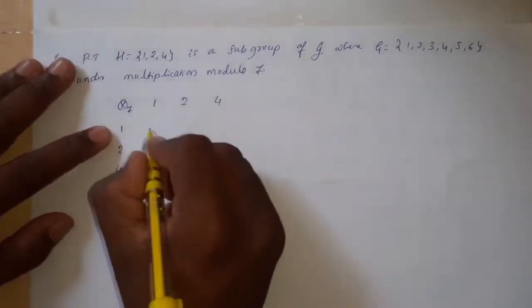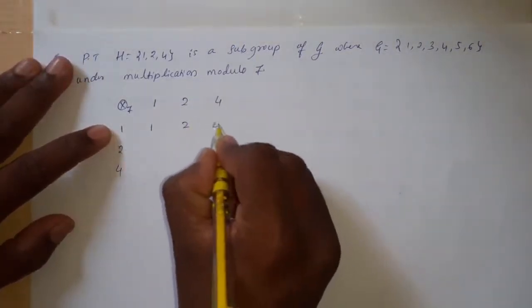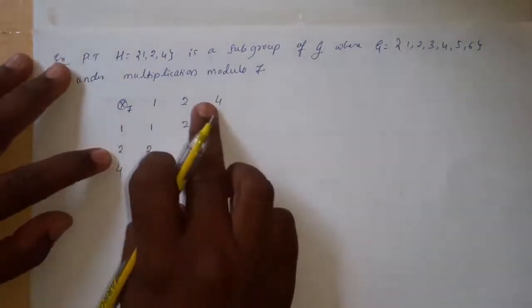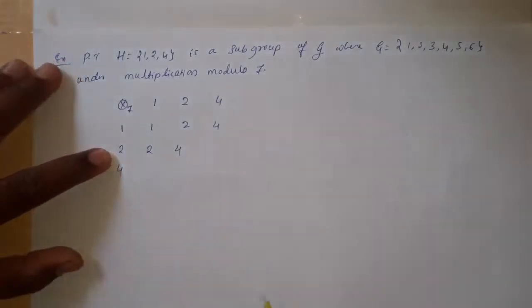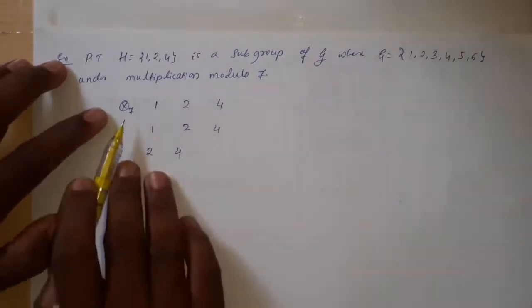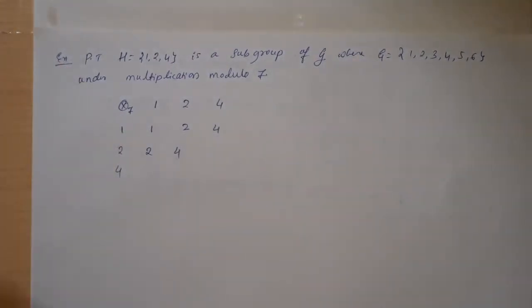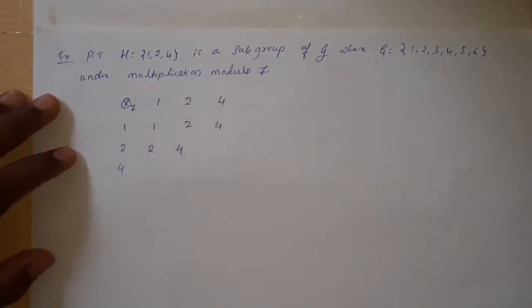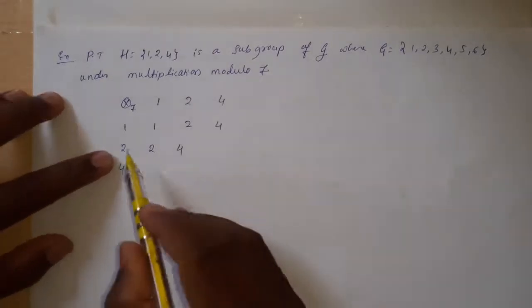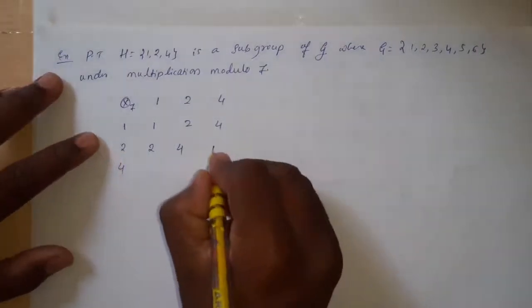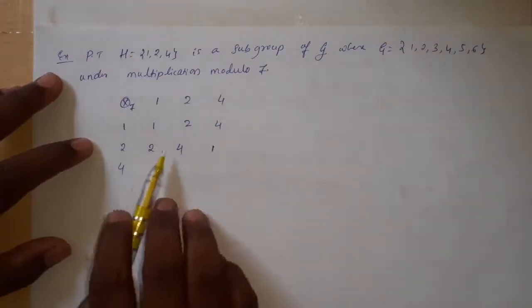Now 1 into 1, that is 1, 1 into 4, 4. Then 2 into 4 is equal to 8, but here the binary operation is multiplication modulo 7. So if the product of two numbers is greater than 7, then we need to divide that product by 7 and we need to substitute the remainder here. So here 2 into 4 is equal to what? 8. Then if you divide 8 by 7, then 1 will be the remainder.